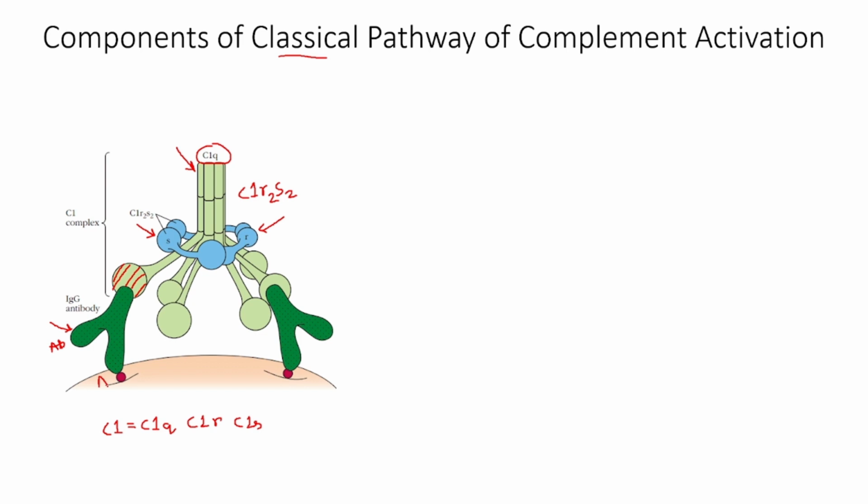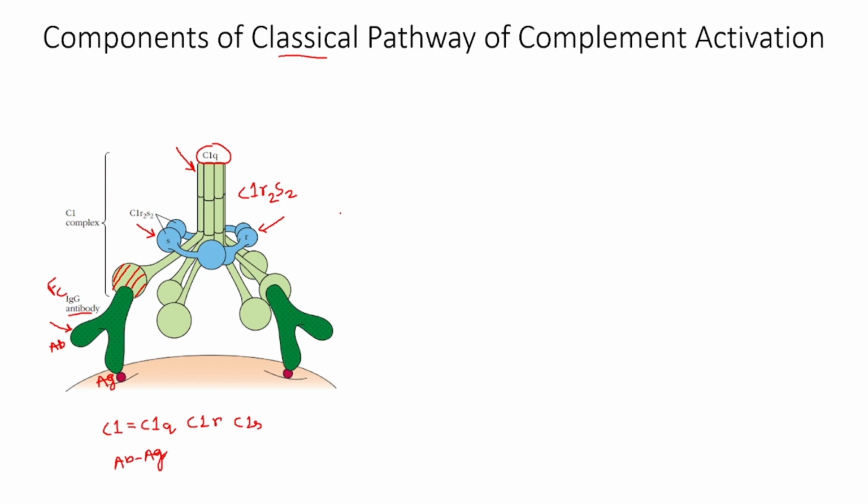So C1Q can only bind to antigen antibody complex and not to any isolated antibody. Alright, so this is one characteristic, and here you should note another thing. The portion of the antibody which binds to the C1Q is the FC portion. Alright, so the FC portion of the antibody is that portion which binds to the C1Q subunit of the C1 complex.